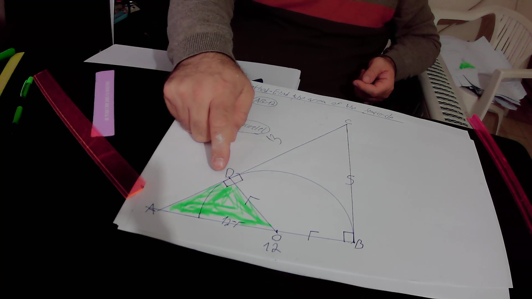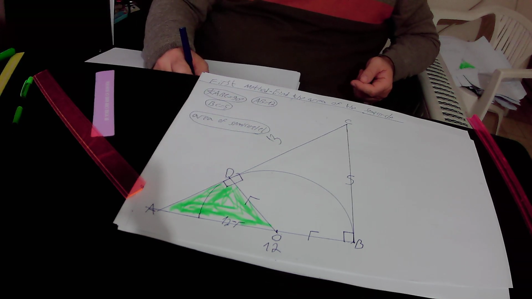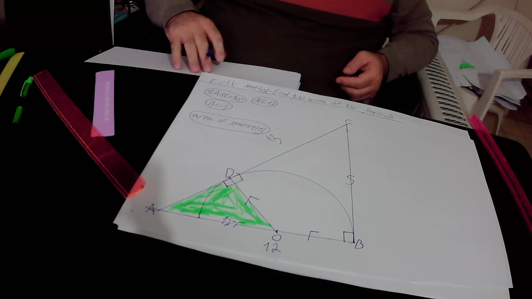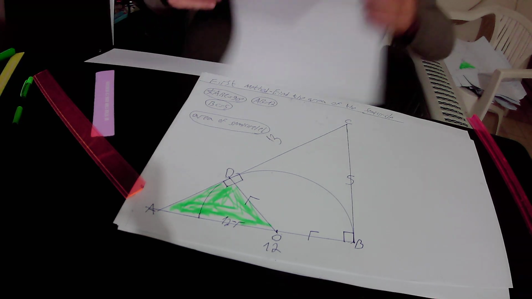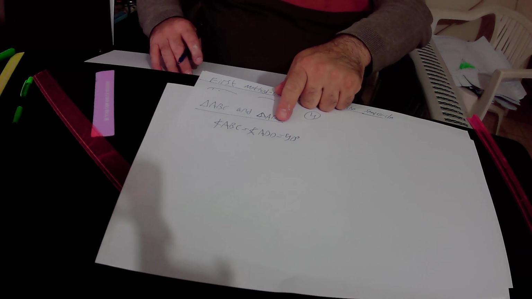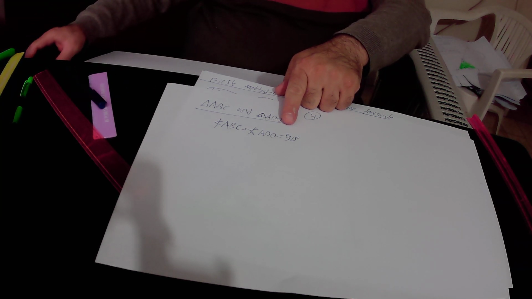This angle is actually angle ADO. And both those angles are right angles, that is to say, they are equal to 90 degrees. So you can write down that angle ABC equals angle ADO, and both angles are right angles. That is to say, they are equal to 90 degrees. Okay?